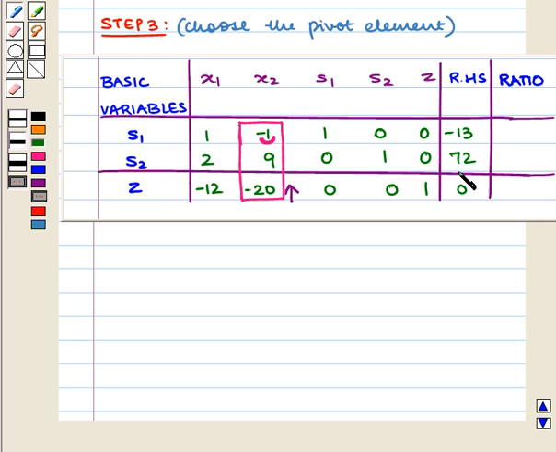Here we have -13 upon -1 equal to 13 and 72 upon 9 equal to 8. So minimum of 13 and 8 is 8. So 9 is the pivot element and s2 is the outgoing variable.